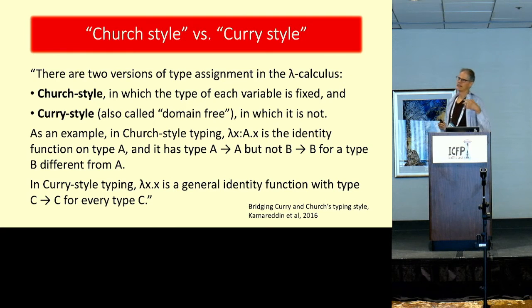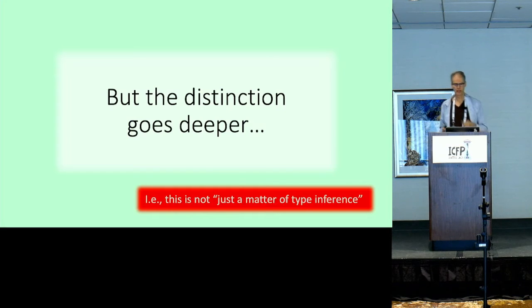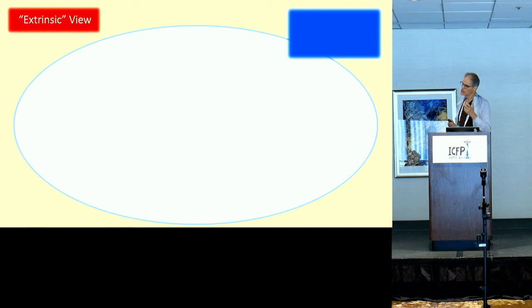Like, is the type declared, or do you have to find it out from someplace else, and what is the algorithm by which you do that? And all of those questions are interesting, but there are deeper questions also. To get at them, let's change the words a little bit. The Church versus Curry distinction is also sometimes called the intrinsic versus extrinsic typing distinction.